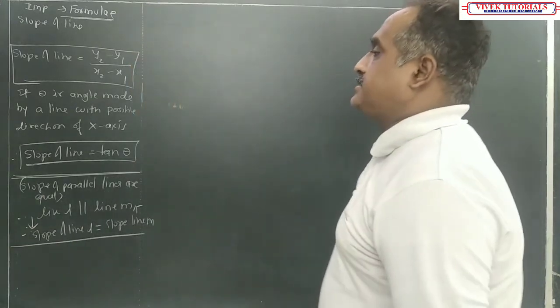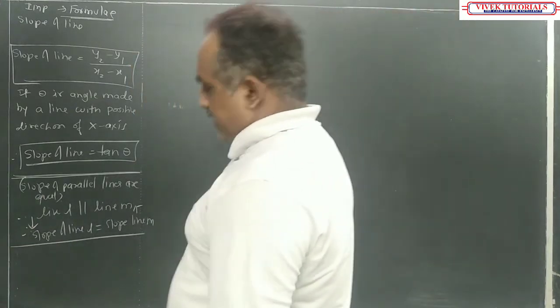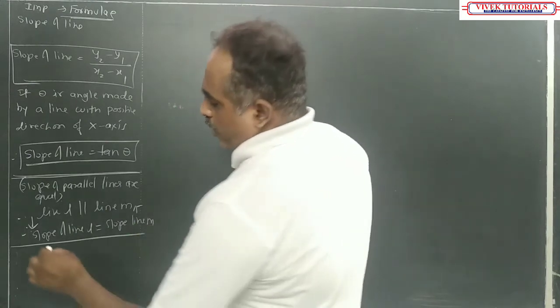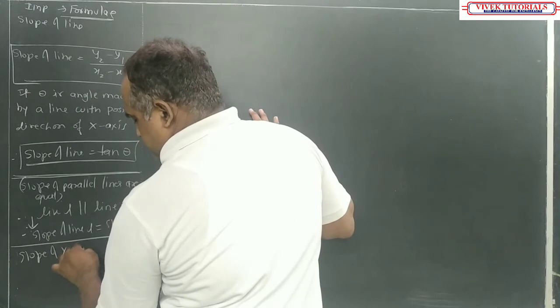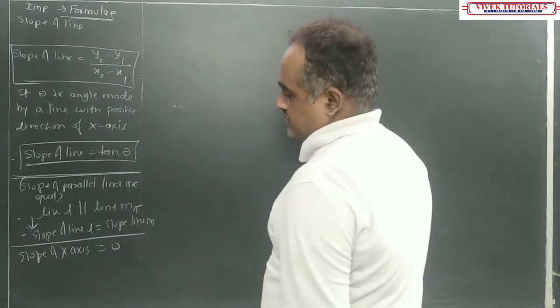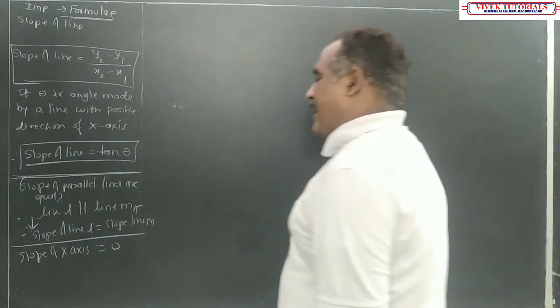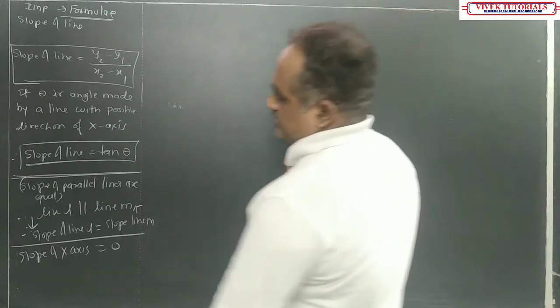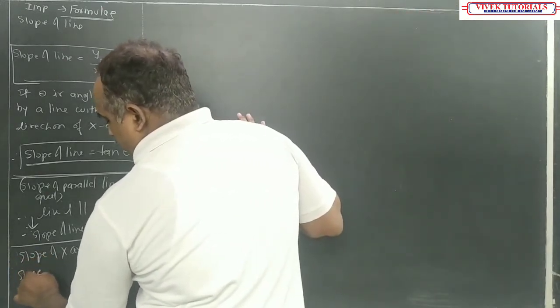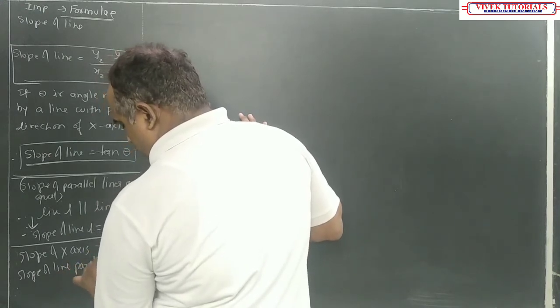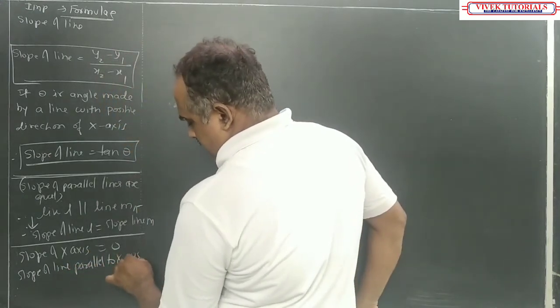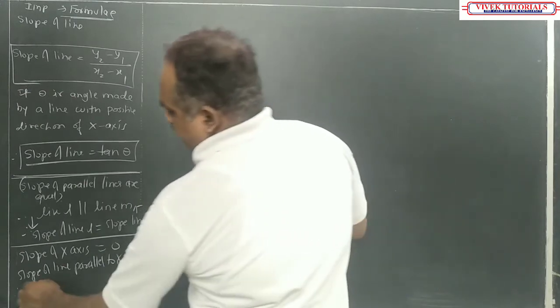And the last one that we have to keep in mind: slope of x axis is equal to 0, or a line which is parallel to x axis also has slope 0.